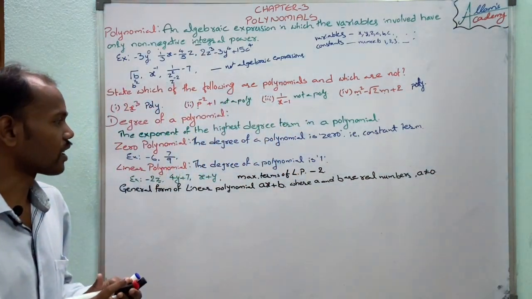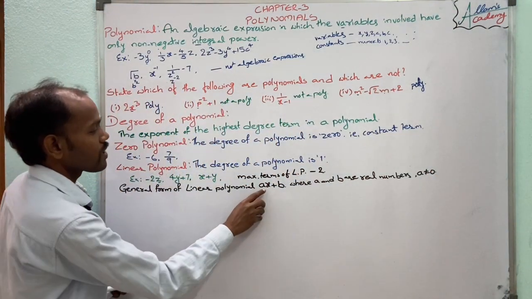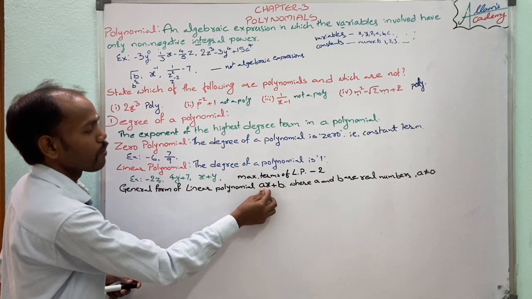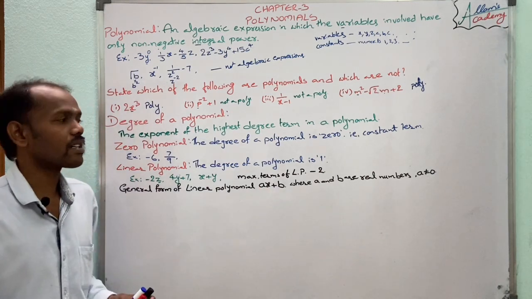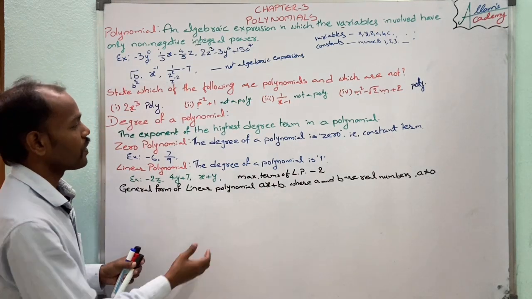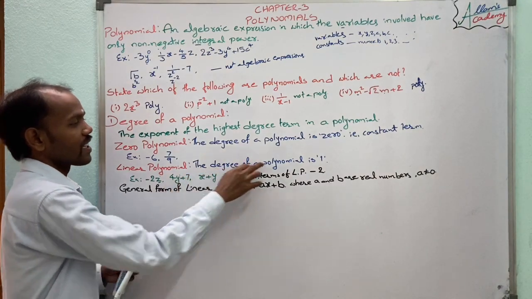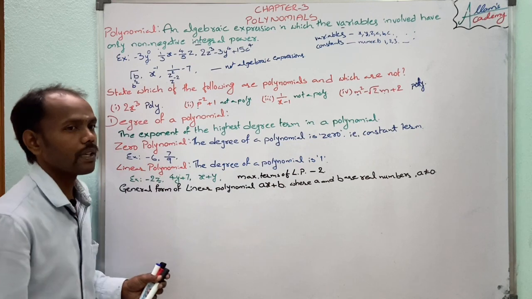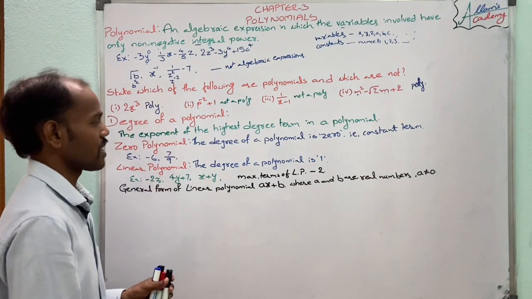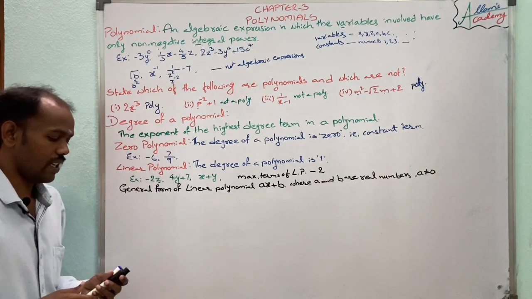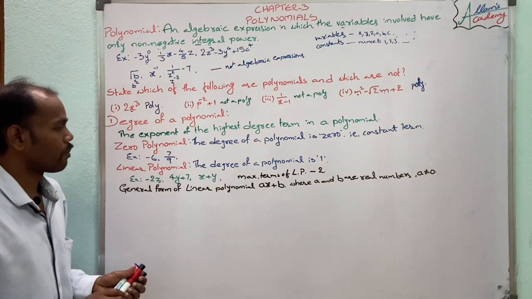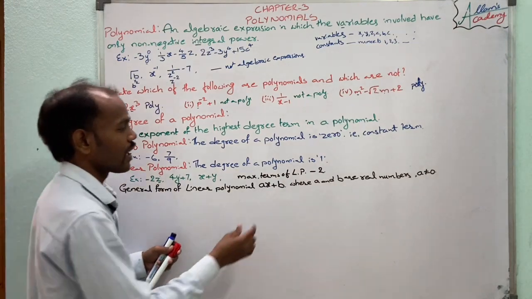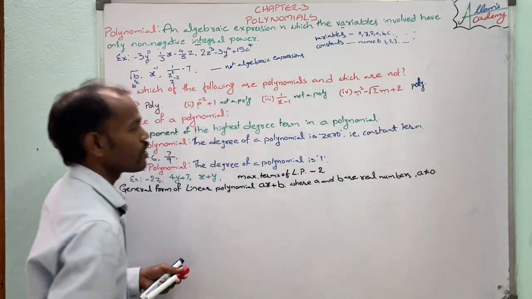Why? Because if a equals 0, the x term is not present, and we need degree 1 only. Then only b is there, which is a constant term, so its degree is 0. That is why a is not equal to 0.